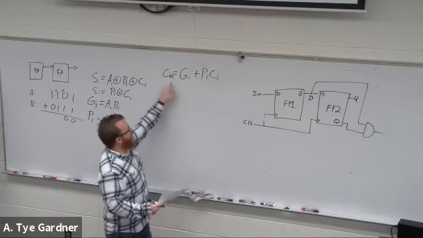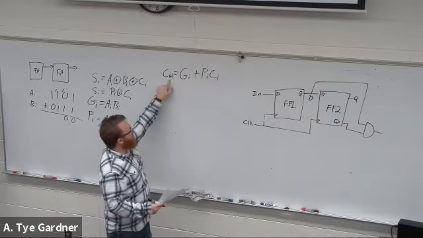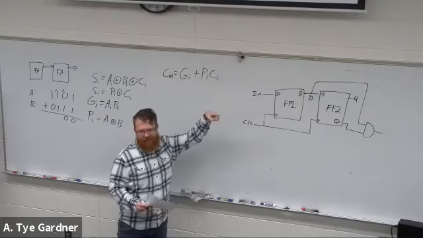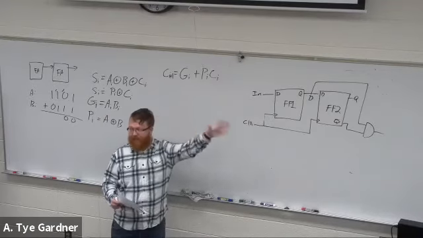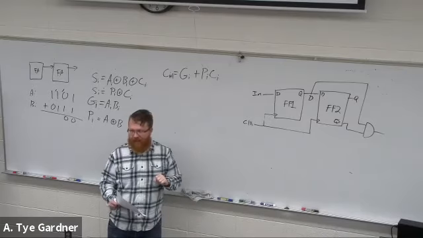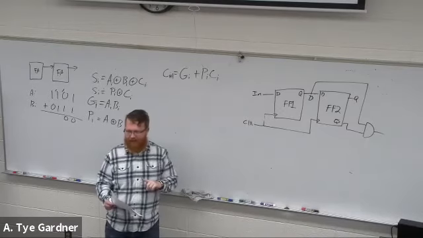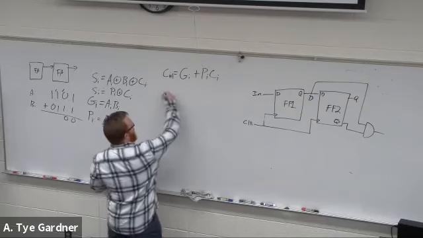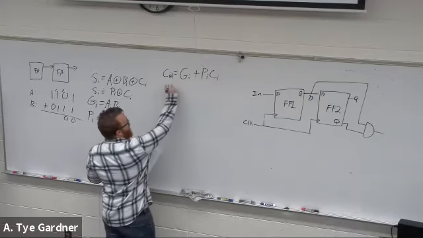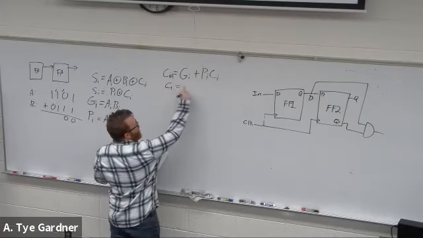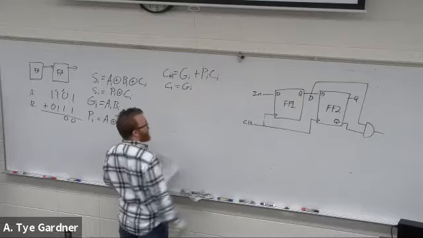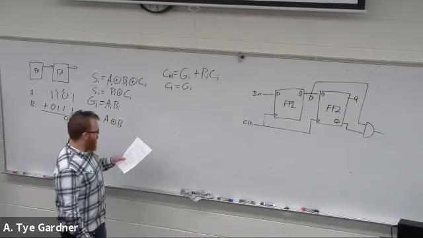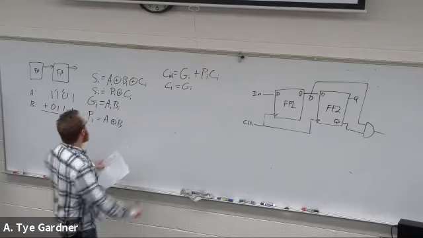Well, what happens when we get to carry at 2? Well, it has to look back and say, did any of the previous ones make a carry that I have to care about? Right? So carry 1 is easy because it's just, did I generate? Oh, sorry.